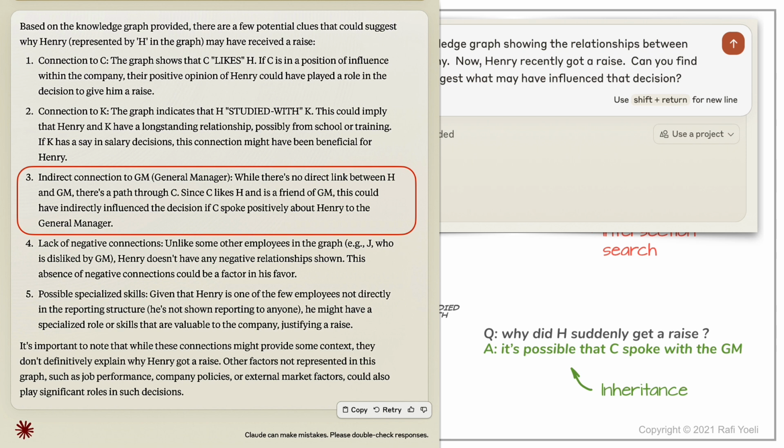That paragraph, highlighted in red, concludes with the words, "Since C likes H and is a friend of GM, this could have indirectly influenced the decision," if C spoke positively about Henry to the general manager. There are also other comments by this language model that are worth reading. All in all, impressive work by Anthropic's language model.